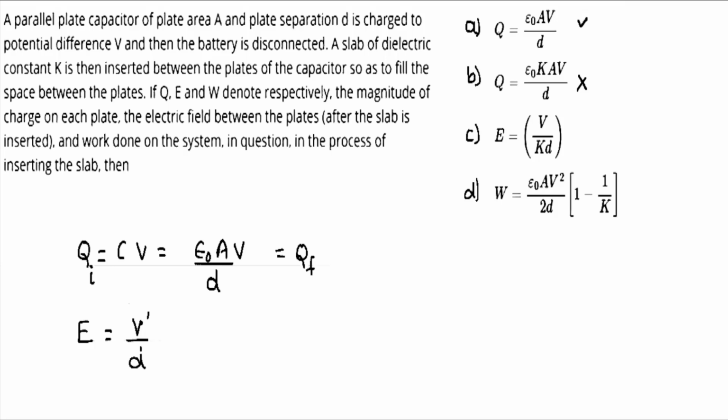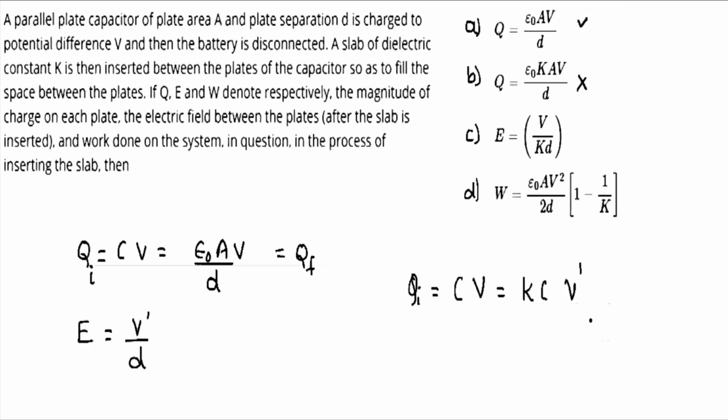After we have inserted the dielectric, we can say that C into V, the initial charge, would be equal to final C into V. Since we have inserted a dielectric, the final C value would be K into C, because it is getting K times by inserting the dielectric, and the potential difference would be V dash in the final situation.